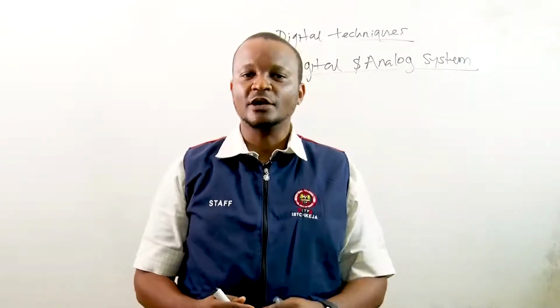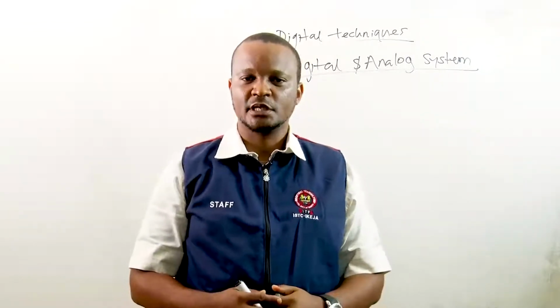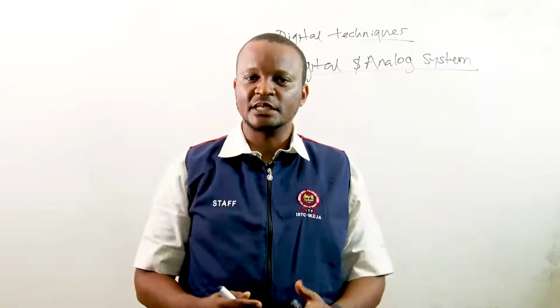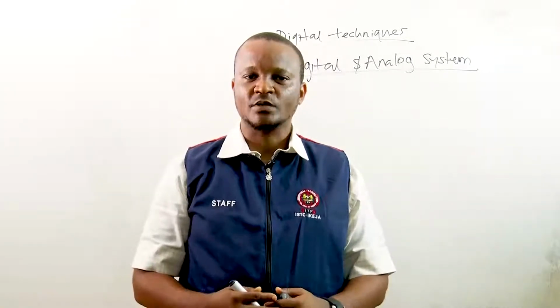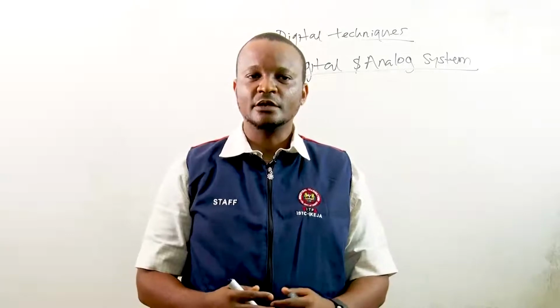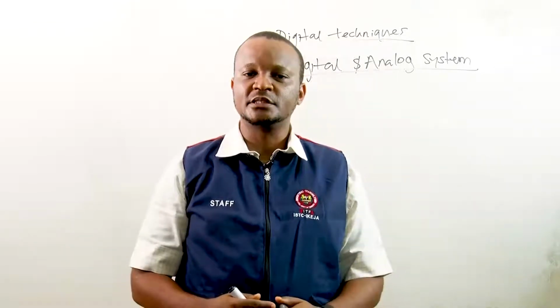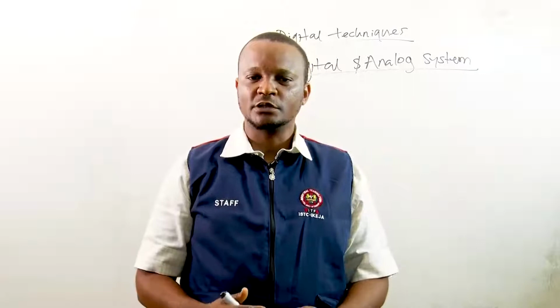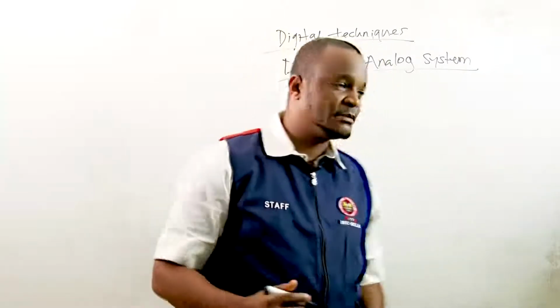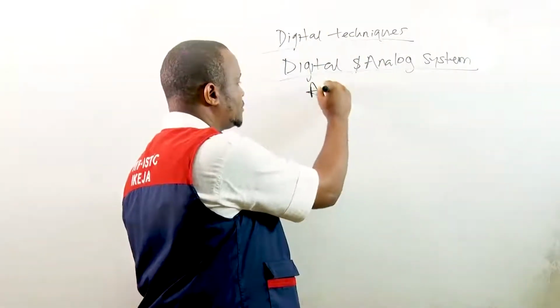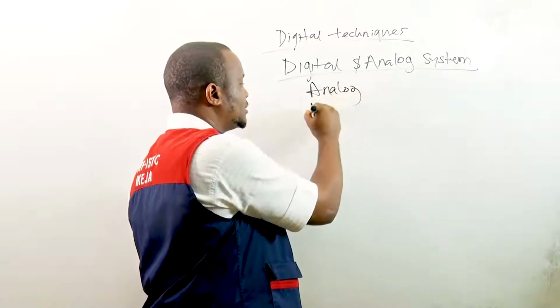It is important that when dealing with various quantities, we are able to represent the values efficiently and correctly. There are two basic ways of representing the numerical values of quantities. You can either represent them in analog form or in digital form.